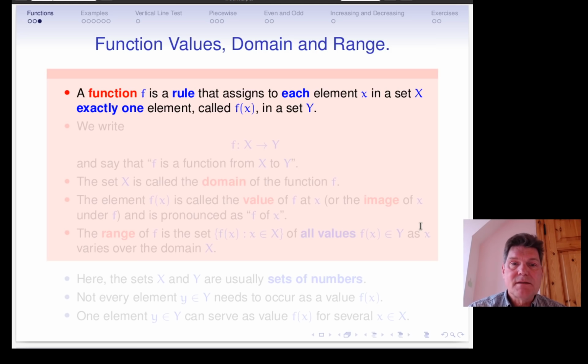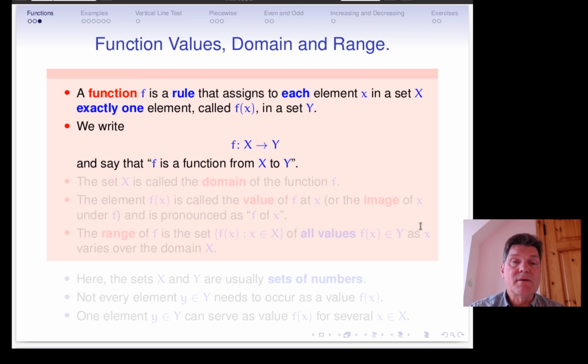The x is always turned into the same little y, a unique value.